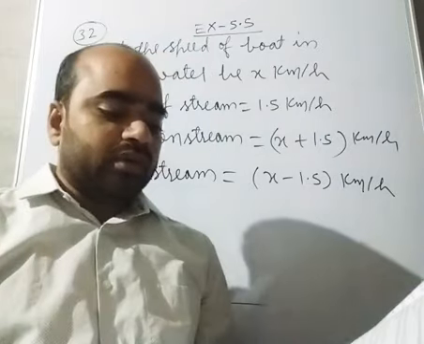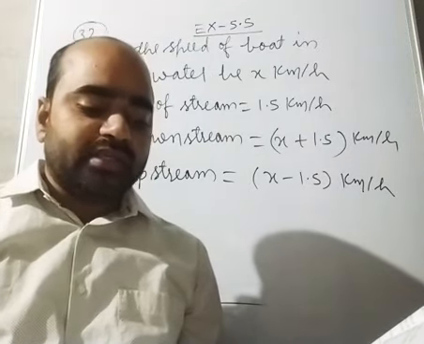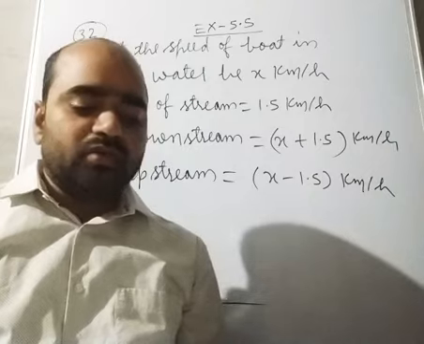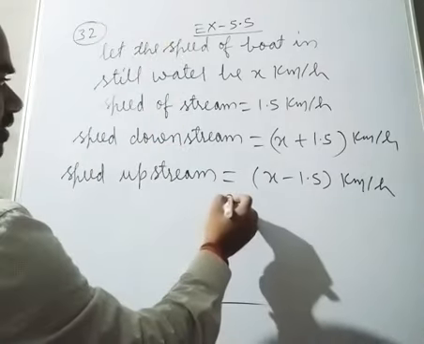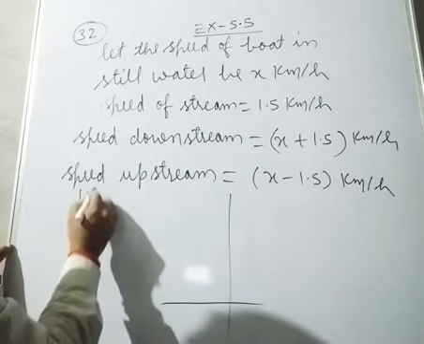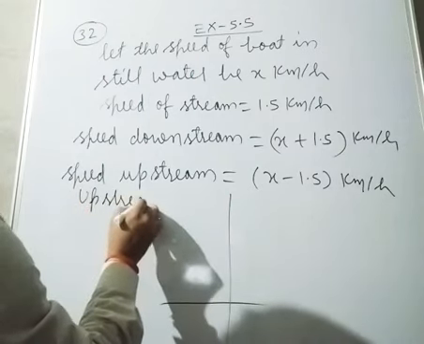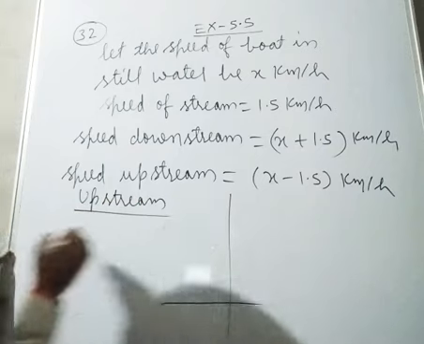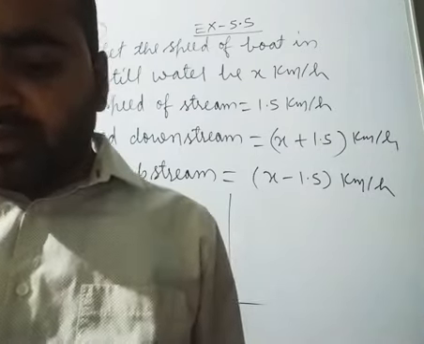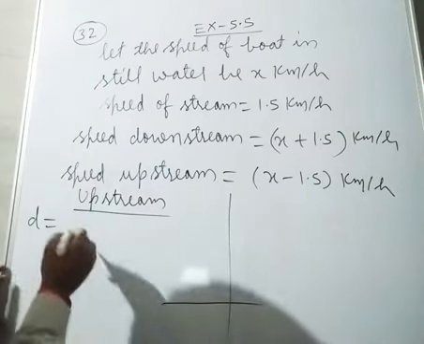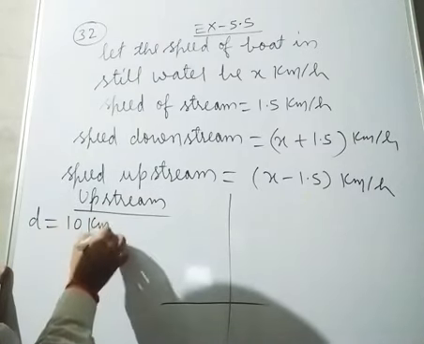And the question: a boat can cover 10 km up the stream and 5 km down the stream. Clear? Now for upstream, correct? Distance is given, 10 km.